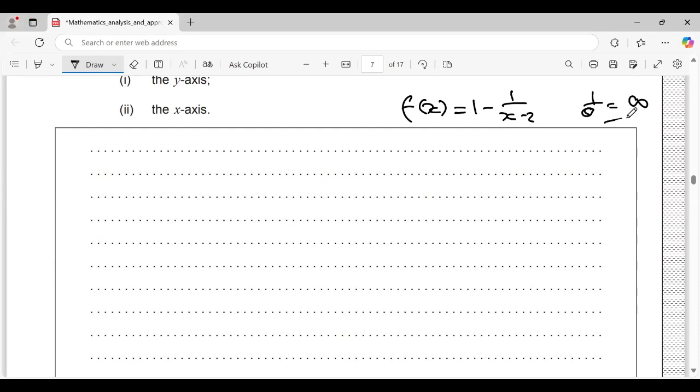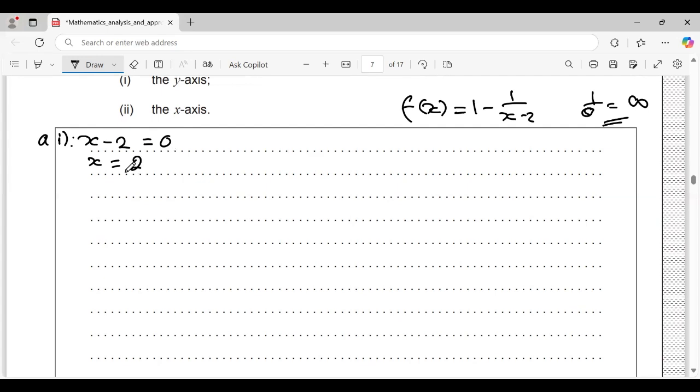That is the rule of asymptote. So the vertical asymptote occurs where the denominator equals 0. This is 3a part 1. If the denominator equals 0, it means x minus 2 equals 0, right?